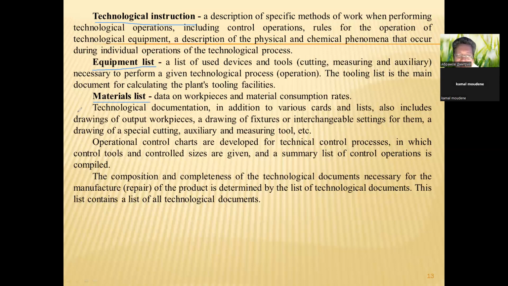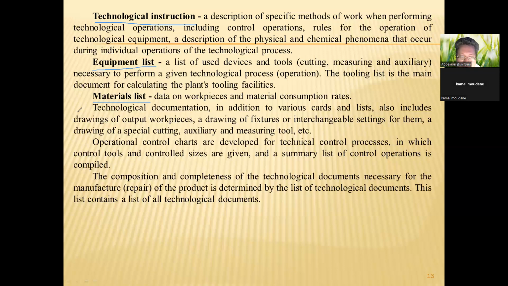Technological documentation, in addition to various cards and lists, also includes drawings of output workpieces, a drawing of fixtures or interchangeable settings for them, a drawing of special cutting, auxiliary, and measuring tools, etc. Operational control charts are developed for technical control processes in which control tools and controlled size are given, and a summary list of control operations is compiled.